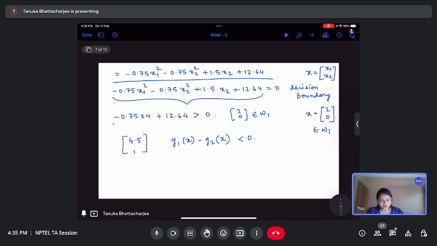So your g2x is higher, so you will classify it as from class omega 2. So this is how, given some data samples, and if you know the class conditional probabilities and the prior probabilities, you compute the discriminant functions. From that you compute the decision boundary or decision surface, and depending on those equations you can classify any unknown feature vector into one of the two classes.